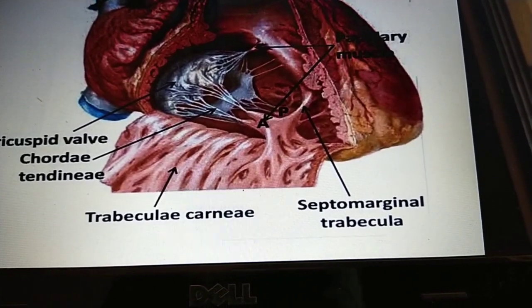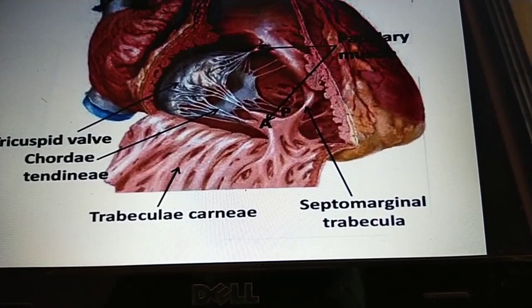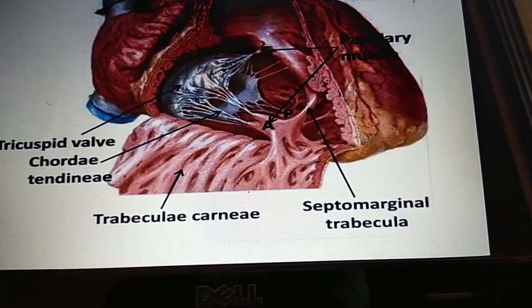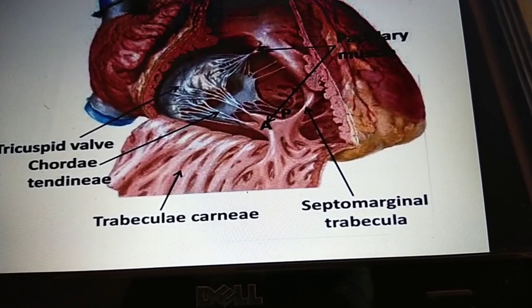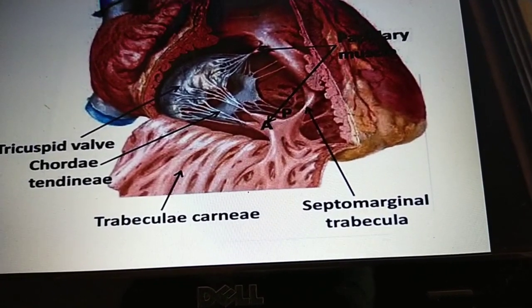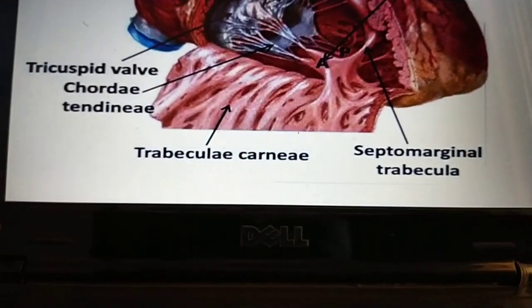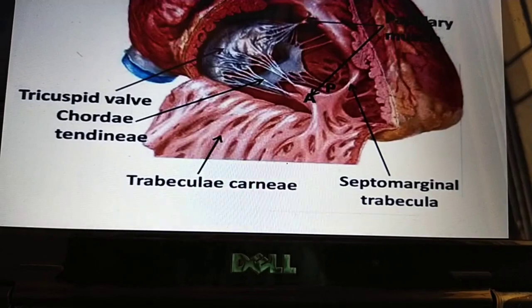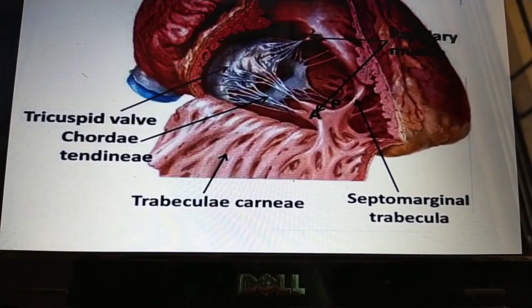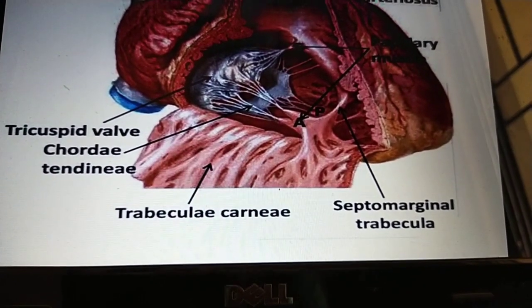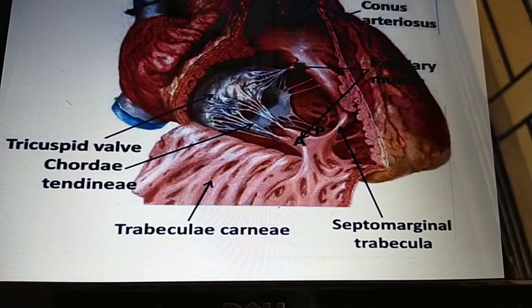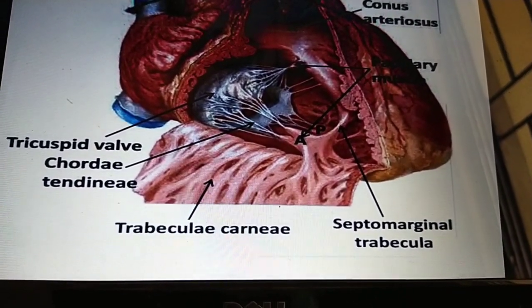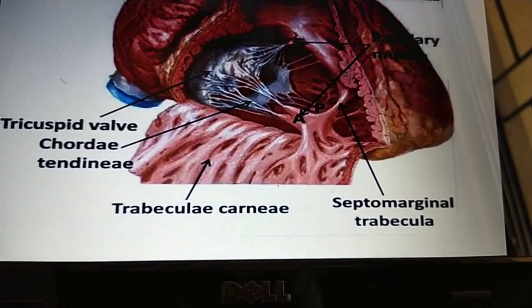The trabeculae, columnae carneae or meaty ridges, are a group of bands or columns of connective tissue, a group of partitions formed by the bands or columns of connective tissue.